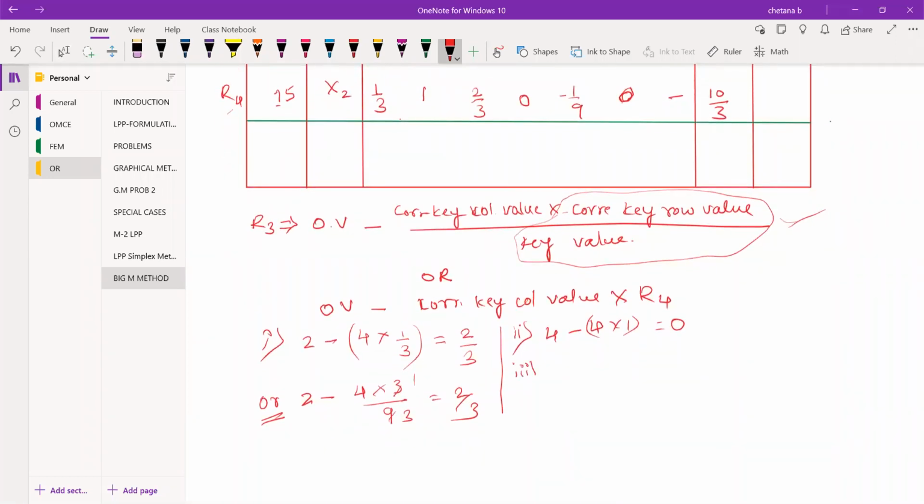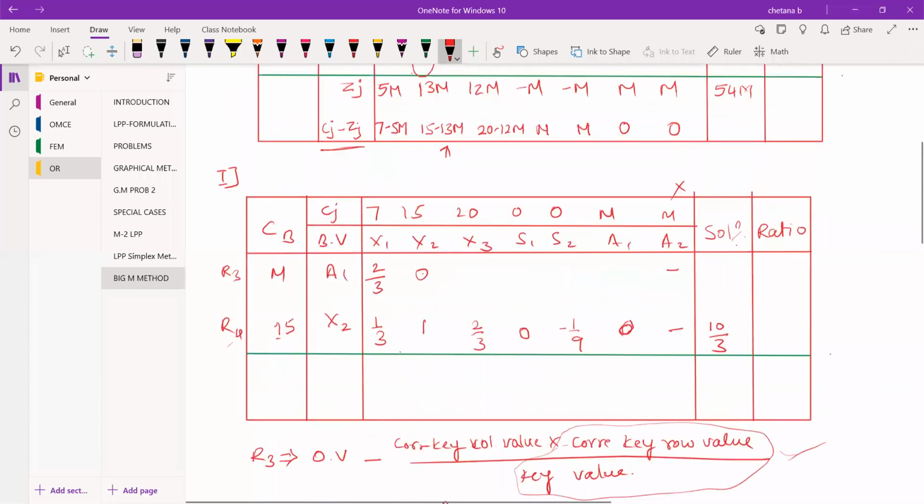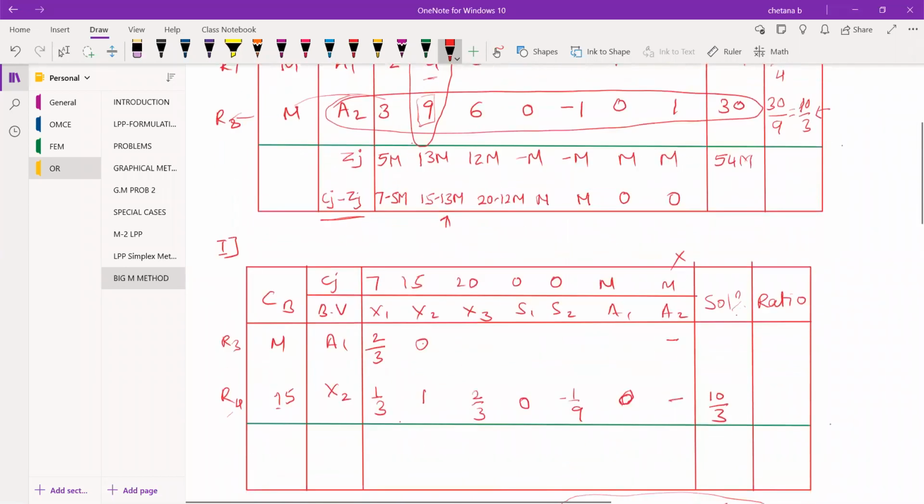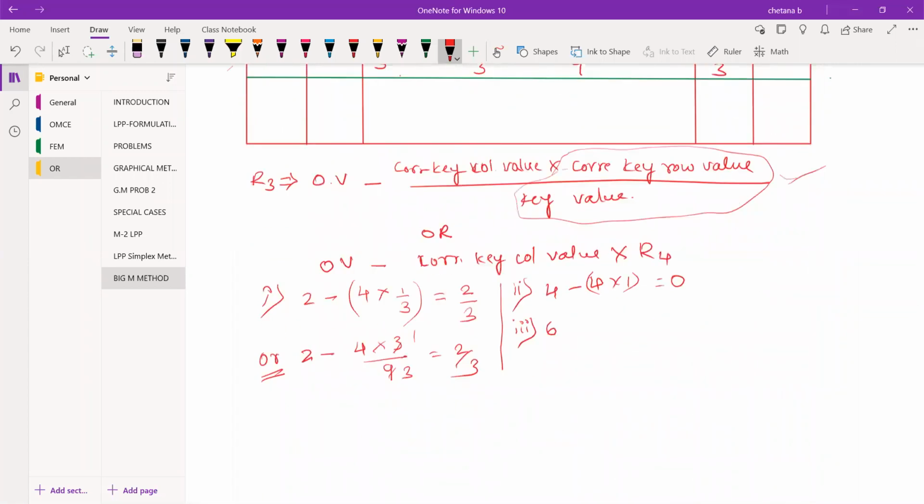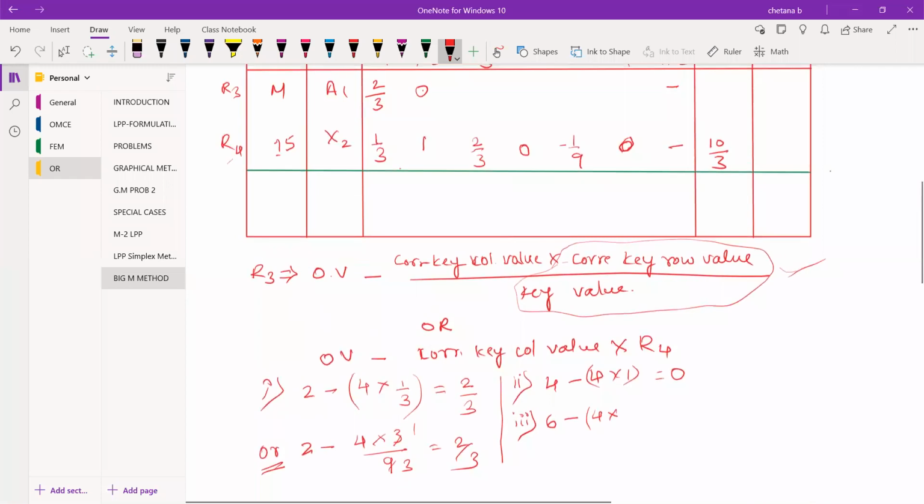Similarly, the third one: old value is 6 minus the key column value, which doesn't change, 4, into R4.